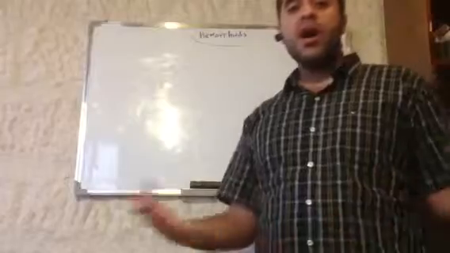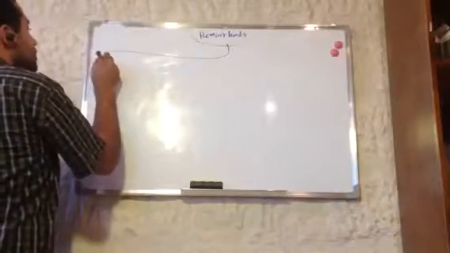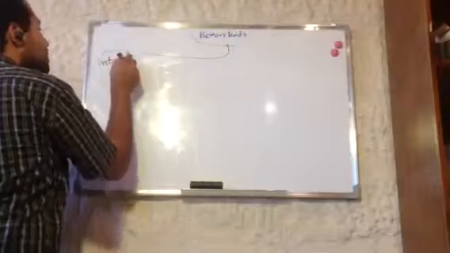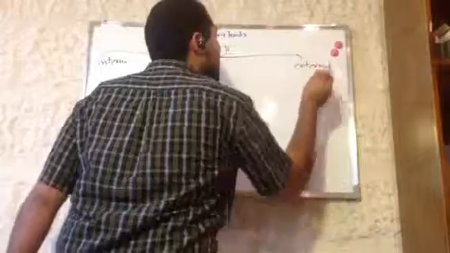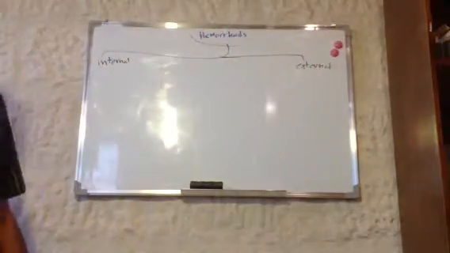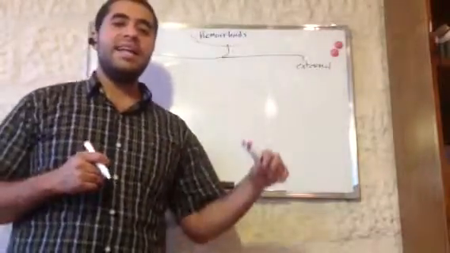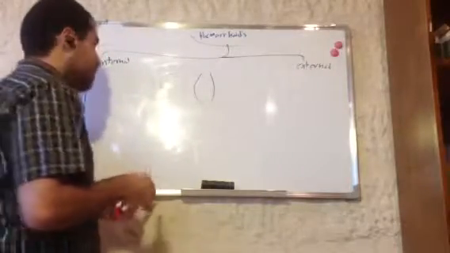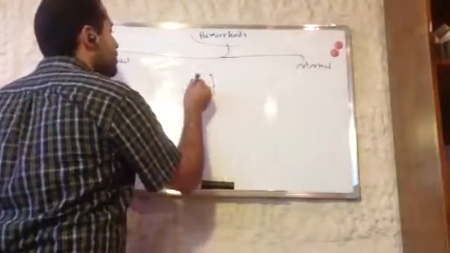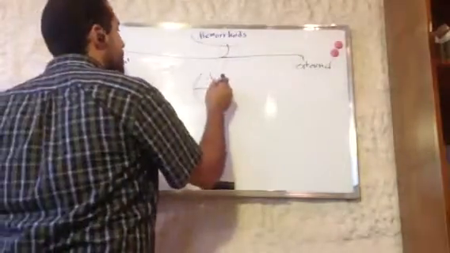Okay, what are the types of hemorrhoids? Actually, there are two types of hemorrhoids: the internal and the external. And the difference between these two types is the veins that are affected by dilation. So let's assume that this is the anus and this is the anorectal line, an imaginary line.